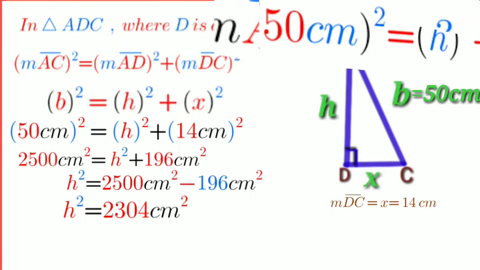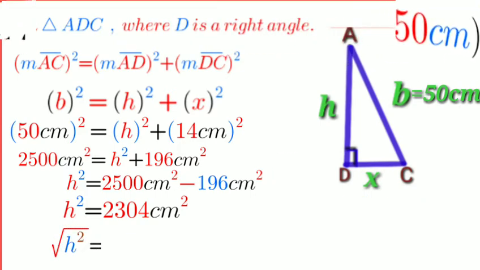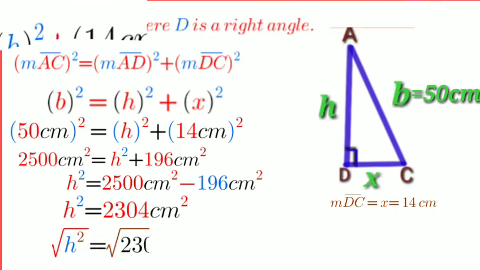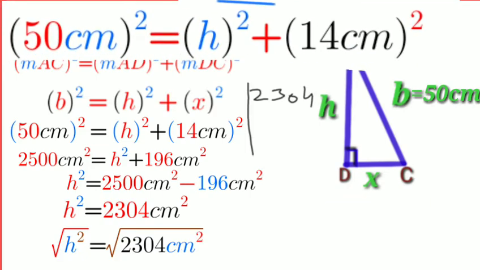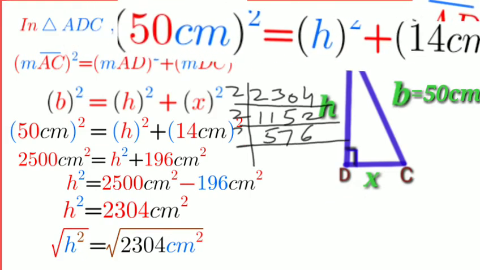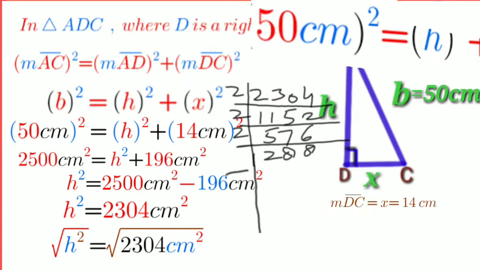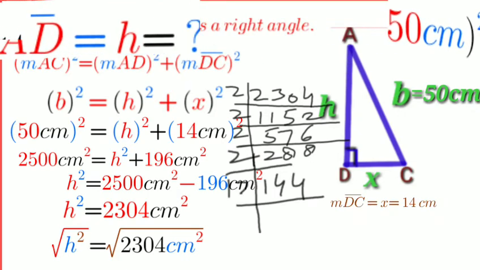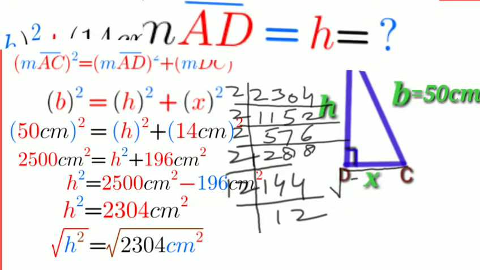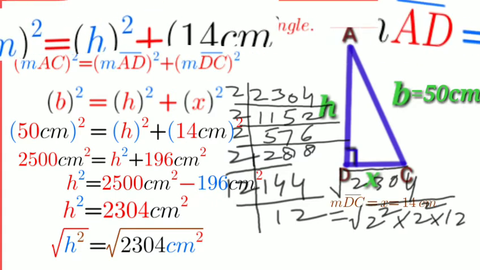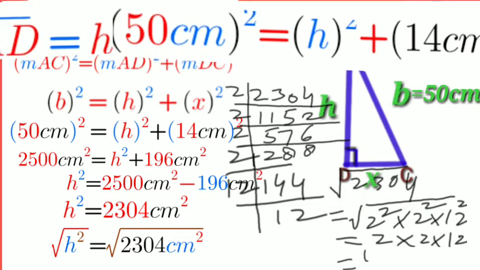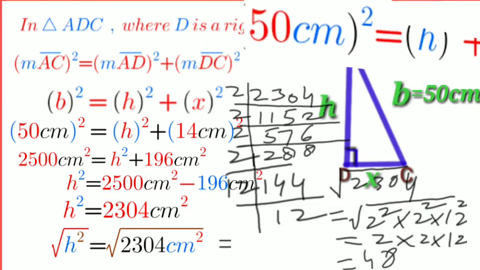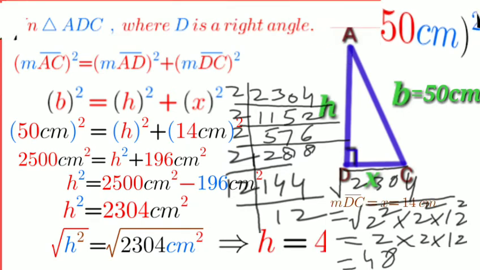Taking the square root on both sides, the value of h is 48 centimeters, which is the required result.